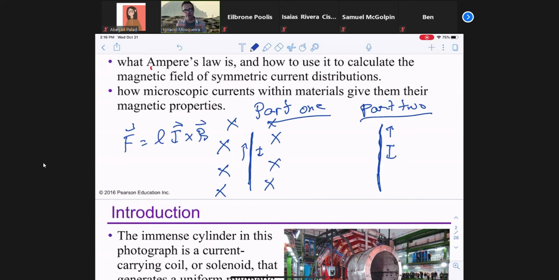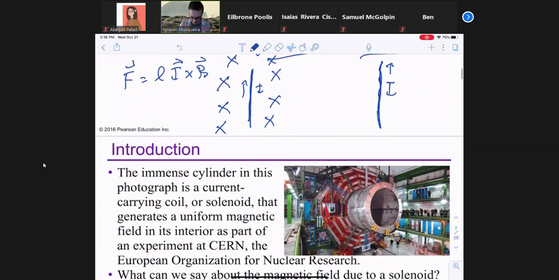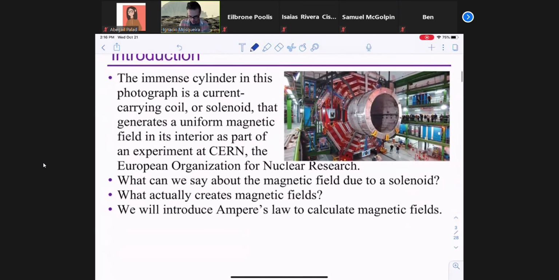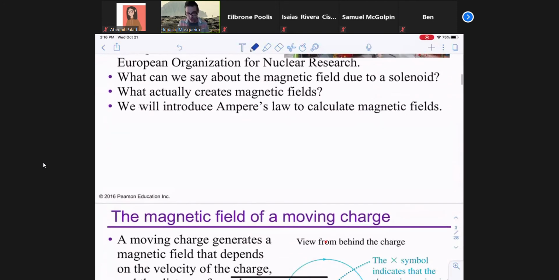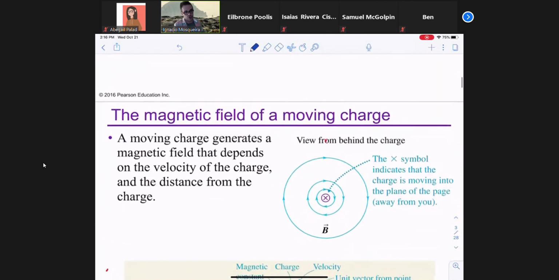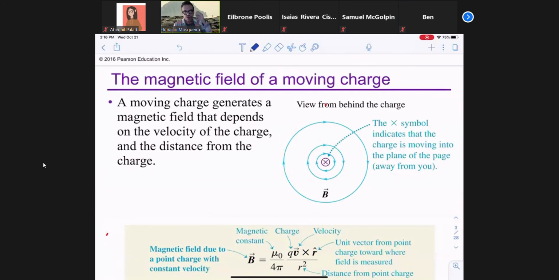It's the same thing. Okay. Let's see how that would work. In order to make that work, we have to now start talking about the magnetic fields produced by wires or moving charges. Here they start with a moving charge, but again, a current is a moving charge. So the idea is the same.